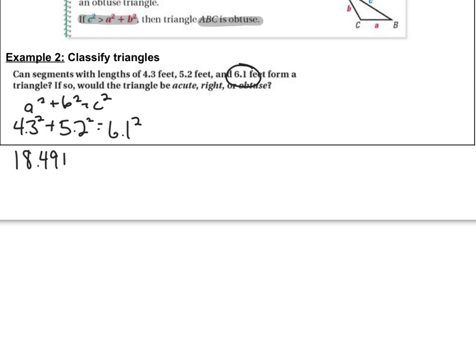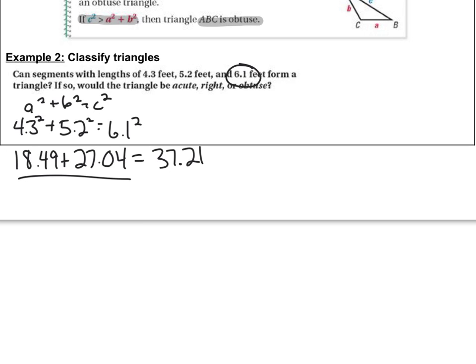Please write all the numbers down. Don't try to shorten it for any reason. 5.2 squared is 27.04. And 6.1 squared is 37.21.